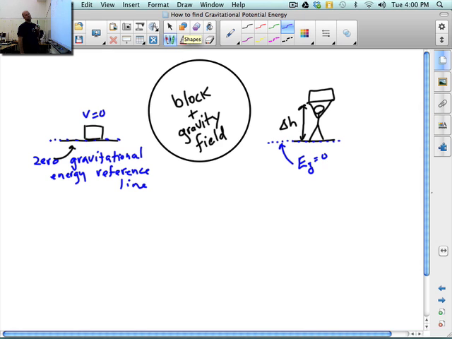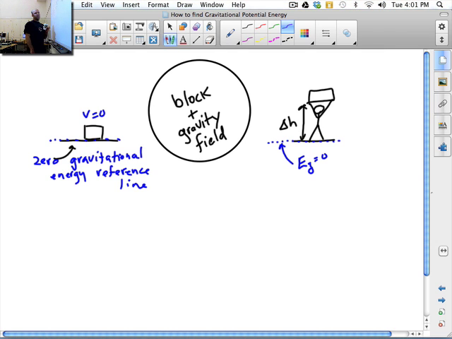So, question. If the system is our block and gravity field, is there a force acting on our system from outside our system? What do you think?